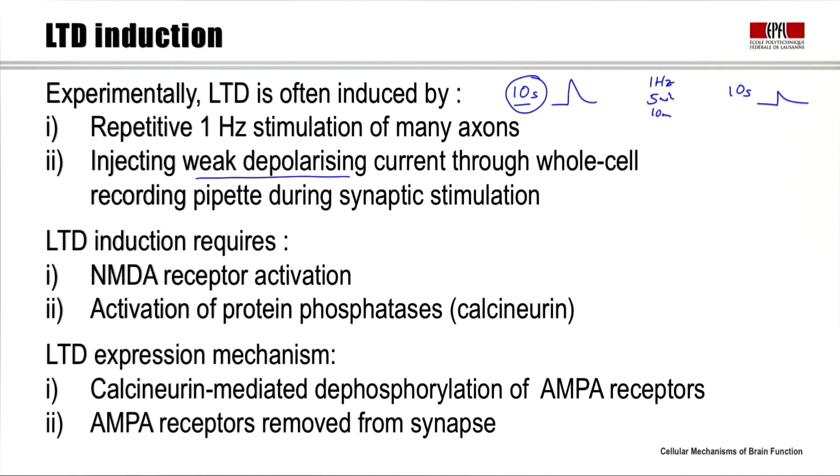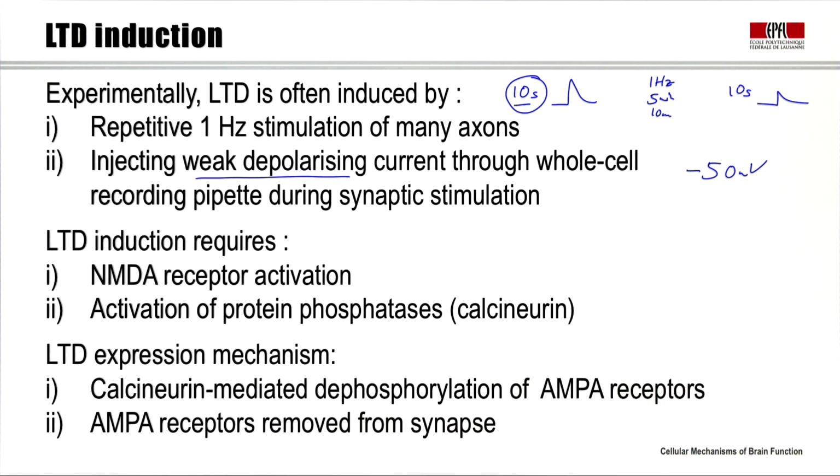So before, for long-term potentiation, we might have been depolarizing the cell to 0 millivolts and then strongly unblocking the NMDA receptor. In the induction of long-term depression, you might depolarize the cell, say, to minus 50 millivolts.